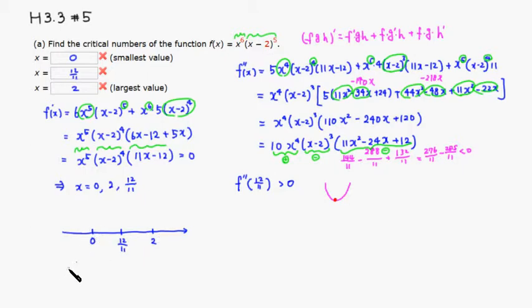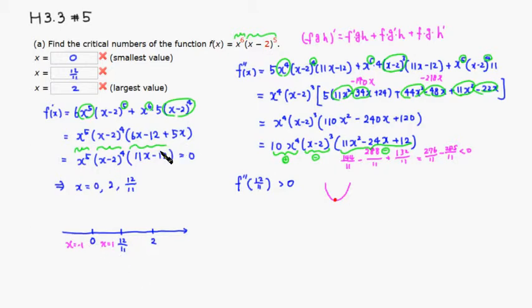So we just want to know the sign before 0 and after 0. So let's look at that. We can try anything, like x equals -1 would be good. And between 0 and 12 over 11 would be 1. x equals 1 would work, right? So let's look at just the sign.